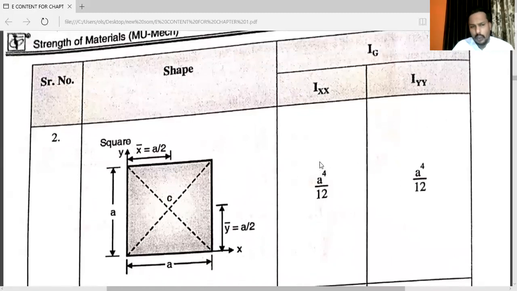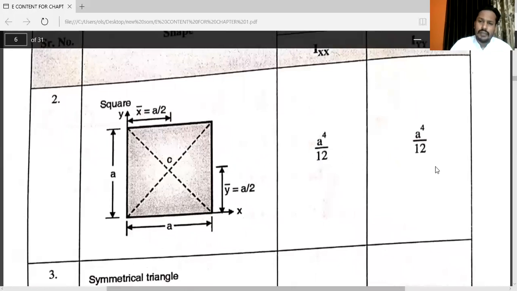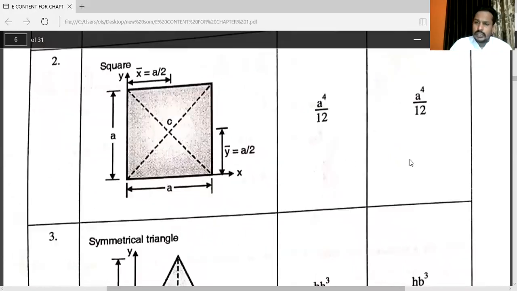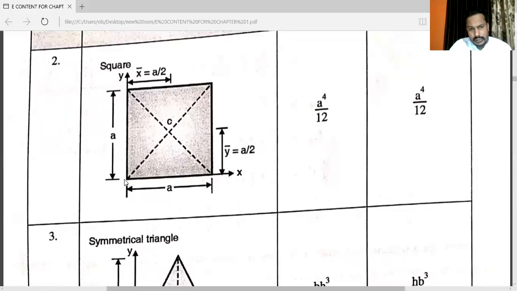For each shape, Ixx and Iyy are given. Here I am explaining where the horizontal axis, vertical axis, X bar, Y bar, Ixx and Iyy are. You have to note down all the important points and use all the formulas to solve the problem, and accordingly we will proceed.